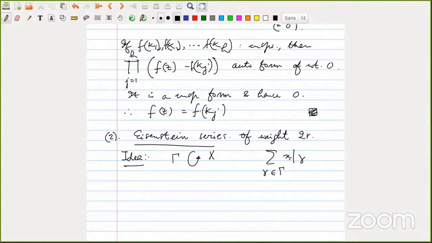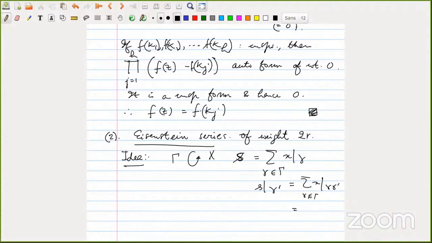Then whenever I apply another gamma, let's call this sum s. When I apply gamma prime, I know that this will be x gamma gamma prime, where gamma runs over all gamma.